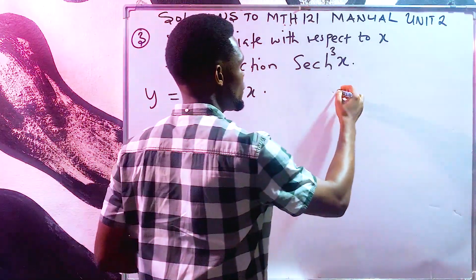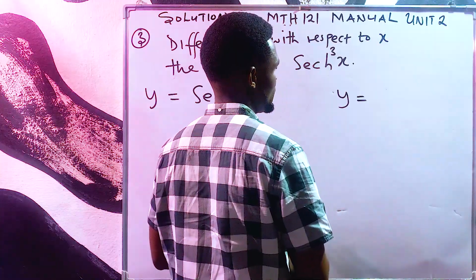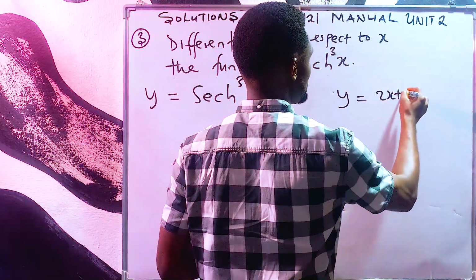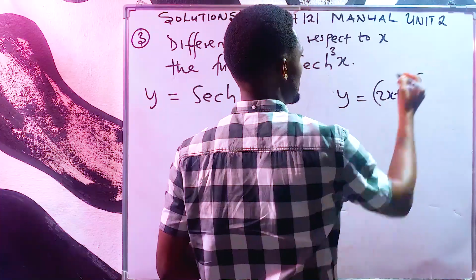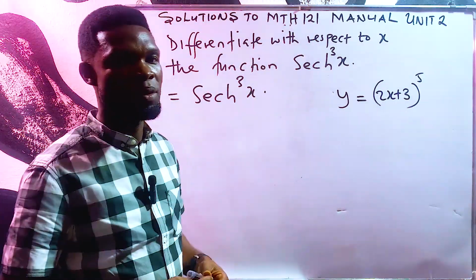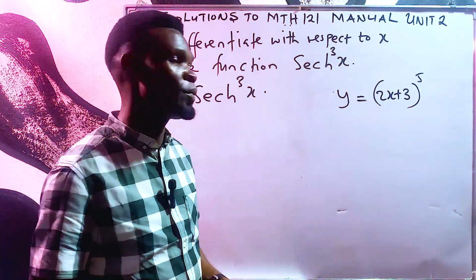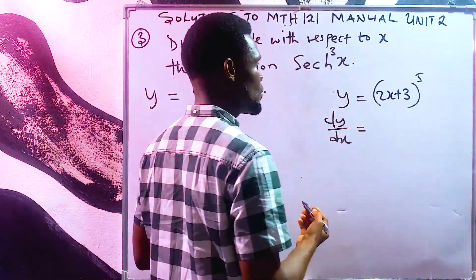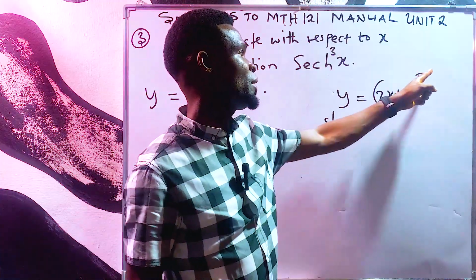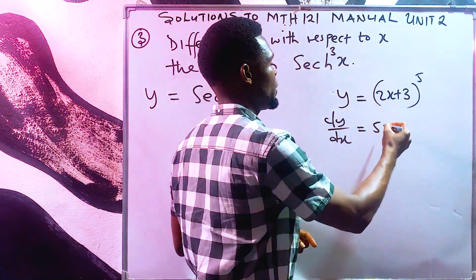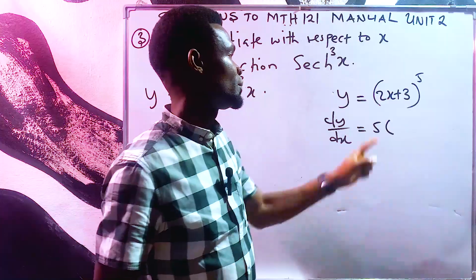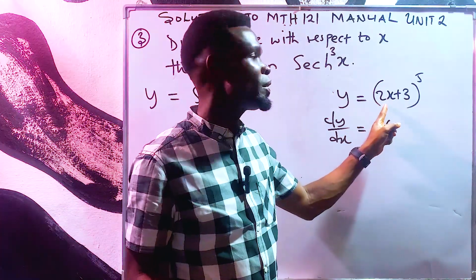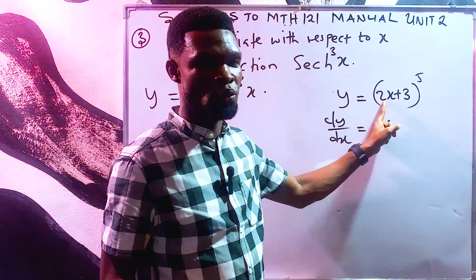Remember that if you have a function y is equals to, say, 2x plus 3 raised to the power of 5, that is a chain function. And what's the shortcut for differentiating a chain function? You will say that dy over dx is equals to, step 1, bring down the power, so you have 5, times step 2, differentiate the bracket. The derivative of 2x plus 3 is 2.